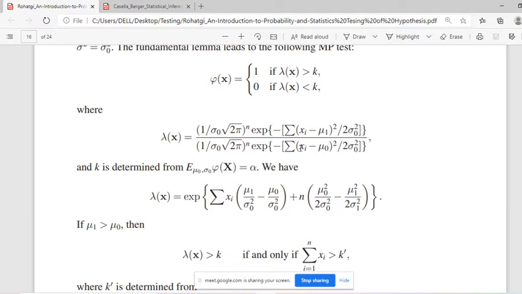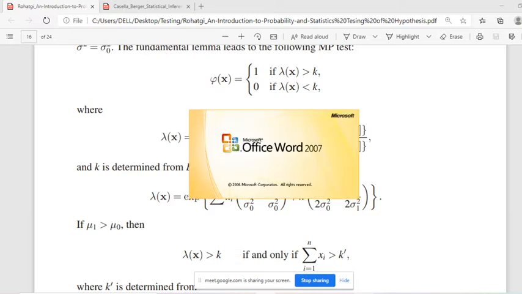And here also we can expand: xi square plus mu naught square minus 2 xi mu naught. So I will write that expansion because that is one step ahead.